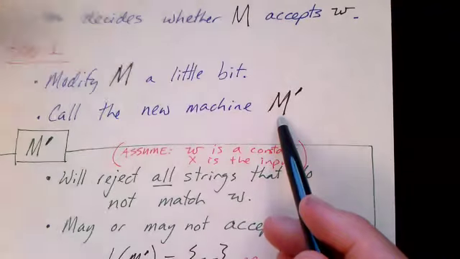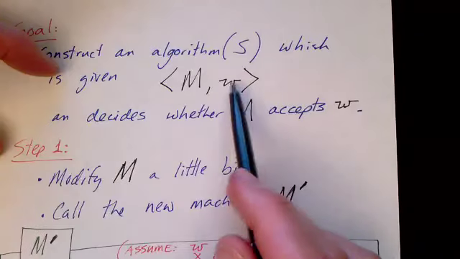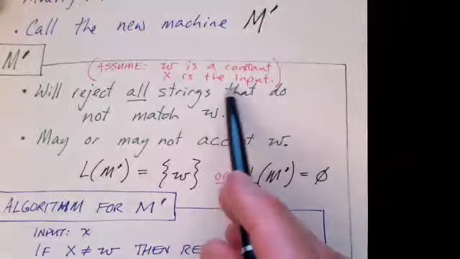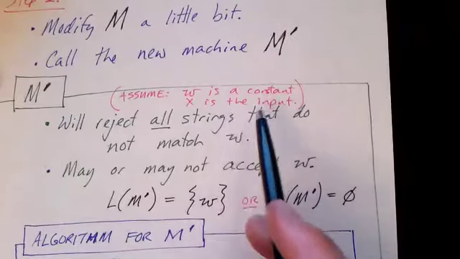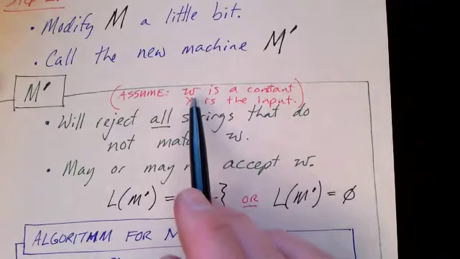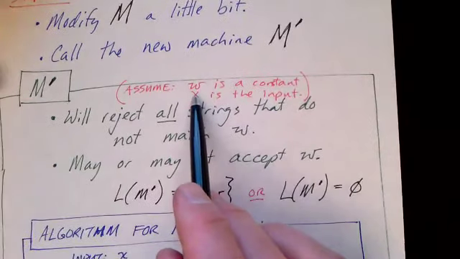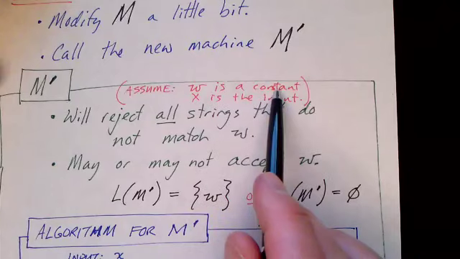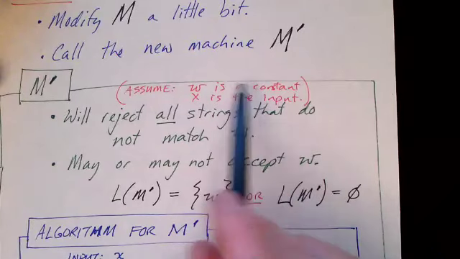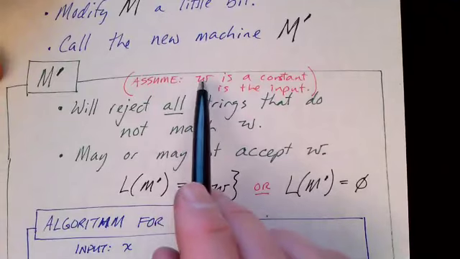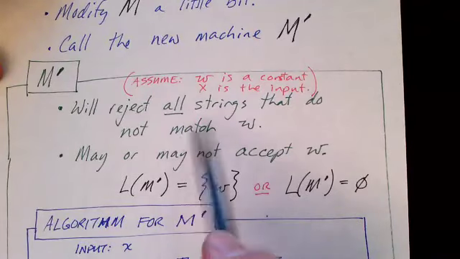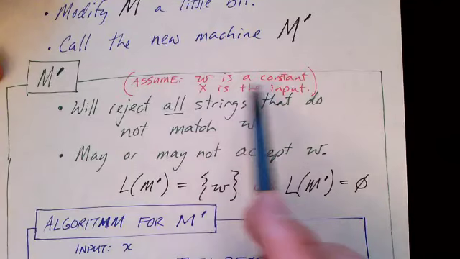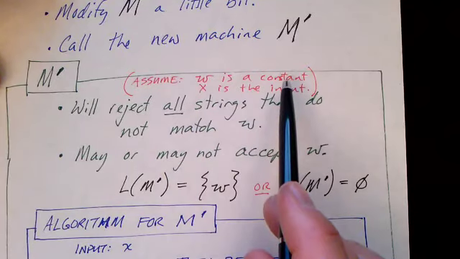And remember, our algorithm is also given W as an input, the string W. So we've got W within algorithm S as an input, so it's essentially fixed. When we construct M prime, we're constructing it given M and W, so W is like a constant. We already know it.